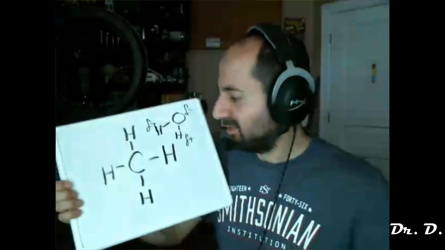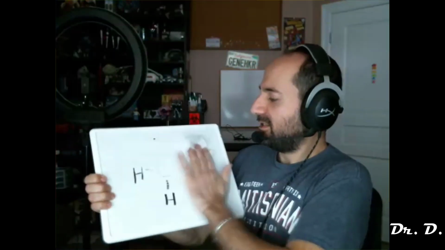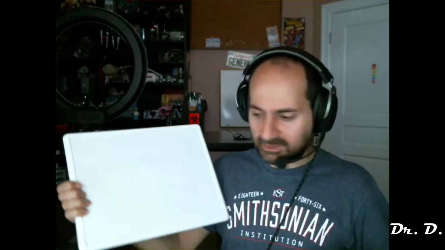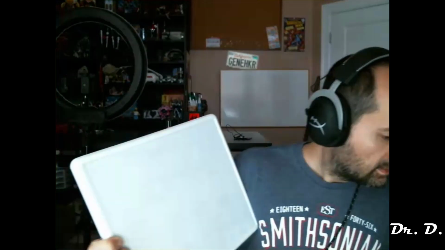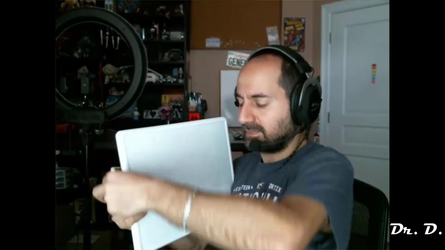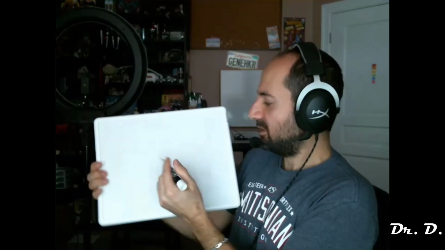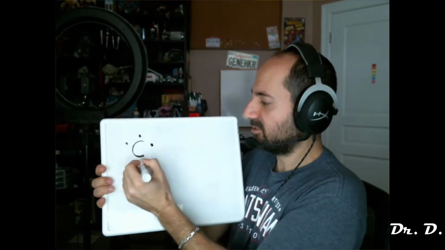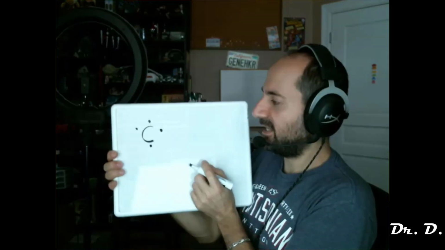How many partners? Let me show you this real quick. This is actually kind of nice to understand. Let me show you what I'm talking about, why carbon is such a versatile molecule. Okay, let me find my marker. Here it is. So, for example, carbon has 4 valence electrons. So how many partners can it have?